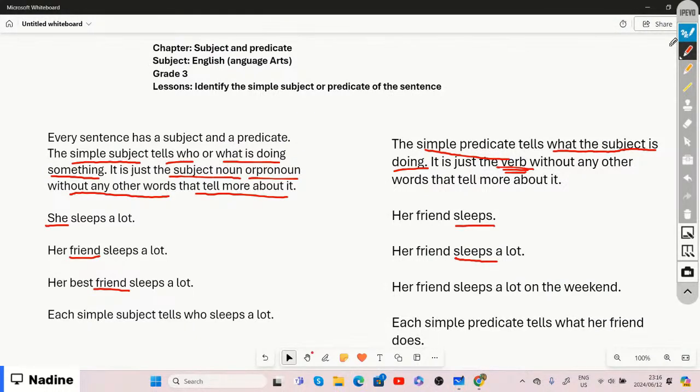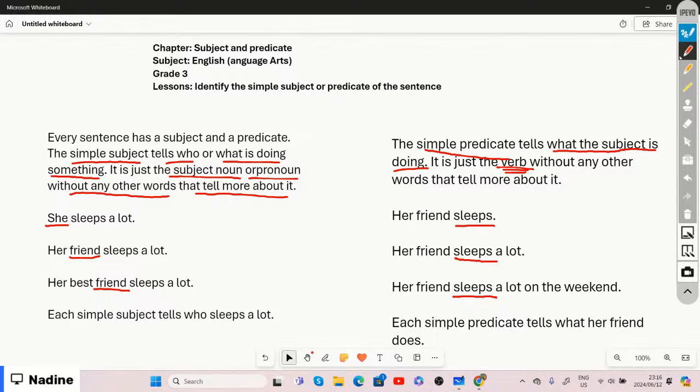And if we were to identify our predicate within the sentence, then also we will only say sleeps because it's the action that the friend is doing, right? And we don't still have to say on a weekend. So we're only giving the predicate. We're only giving the verb without giving any other details about the verb.